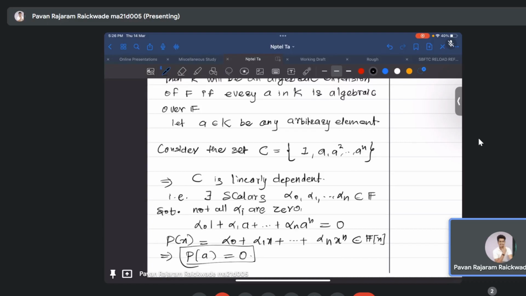So you find a polynomial in F[x] such that P(A) is 0, which implies the element A is algebraic. But the A that we started with was arbitrary, hence every element is algebraic. And the degree is also at most n, for every element.